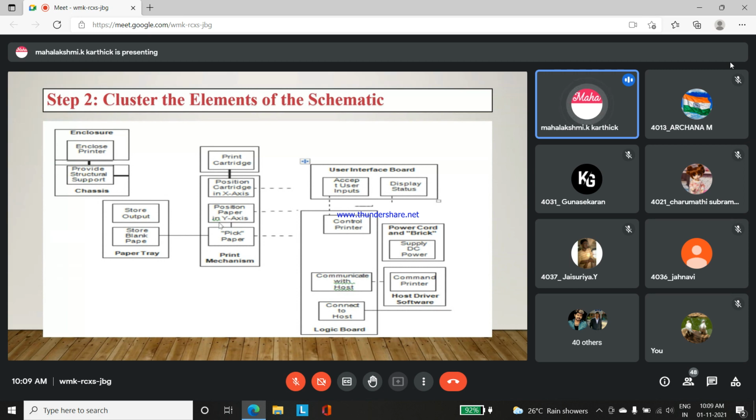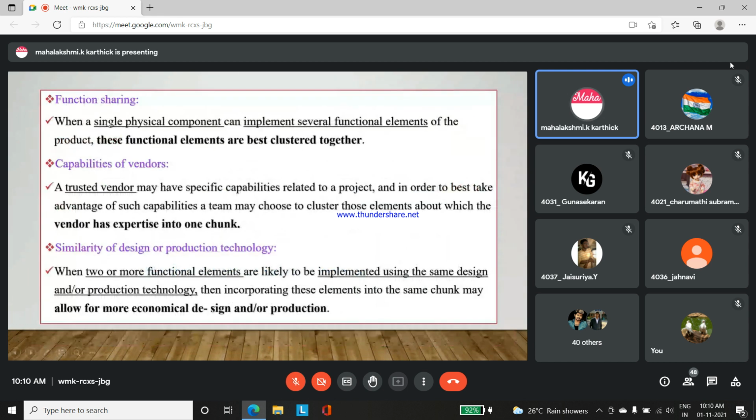Similarly, for a product, if you integrate more within certain parts, the appearance of the product will also be simple and very handy. So it's all up to you in choosing the vendor. Trusted vendors may have specified capability related to your product or project.